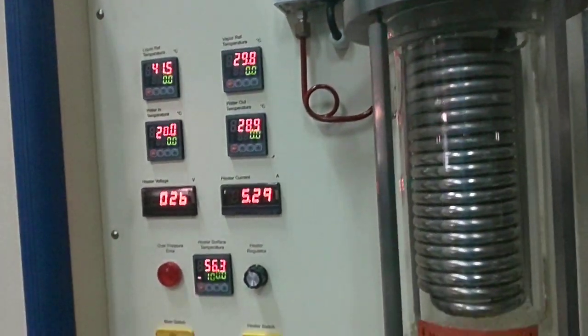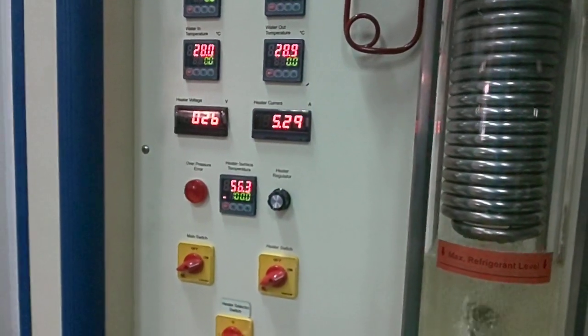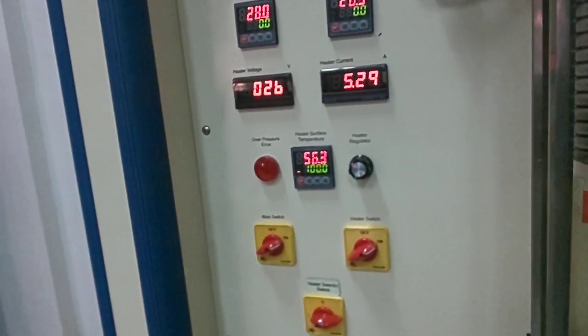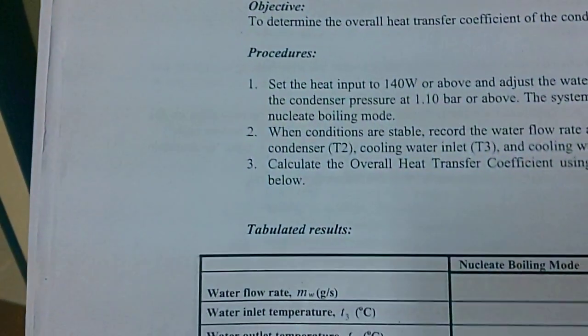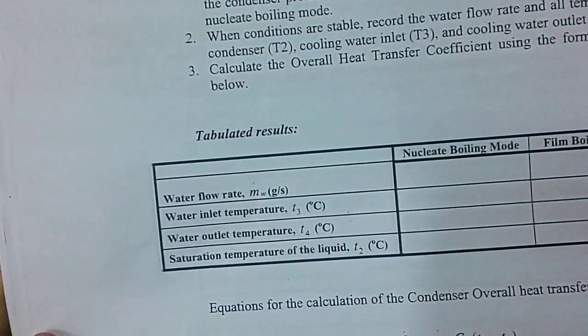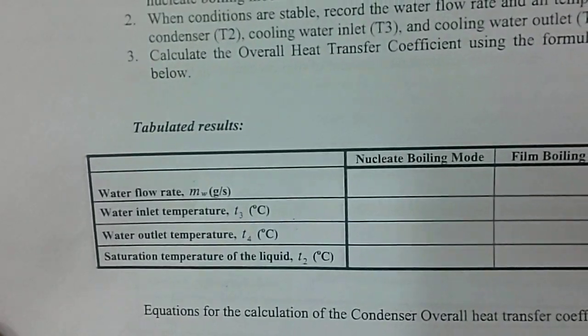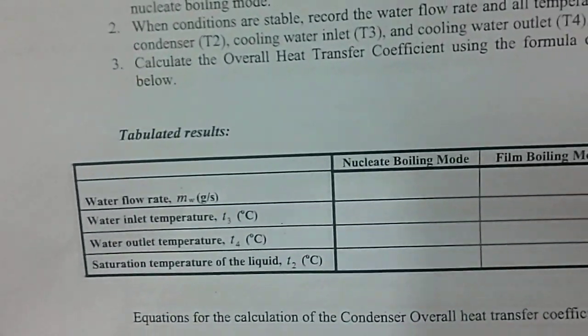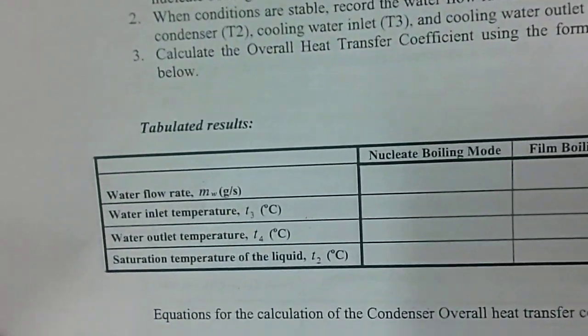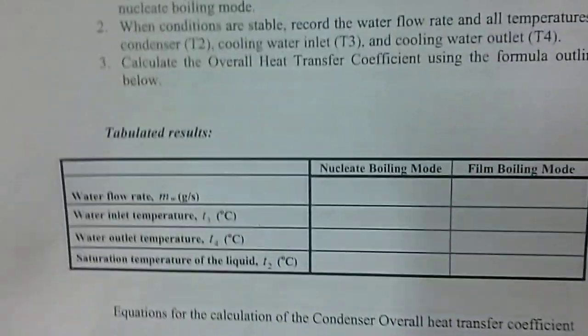Now, how are we going to use these parameters in our experiment? For that, I'll be showing you the table. Here is the table. In this table, you will need the water flow rate in gallons per minute or liters per minute, and you can convert it into the required unit.